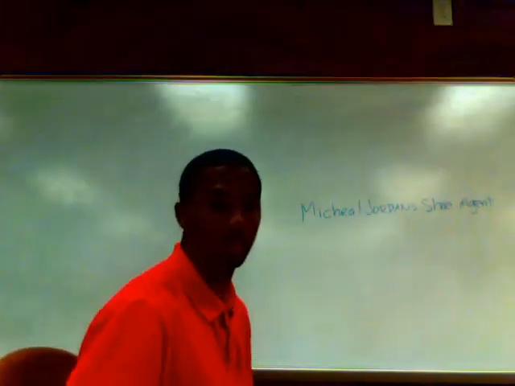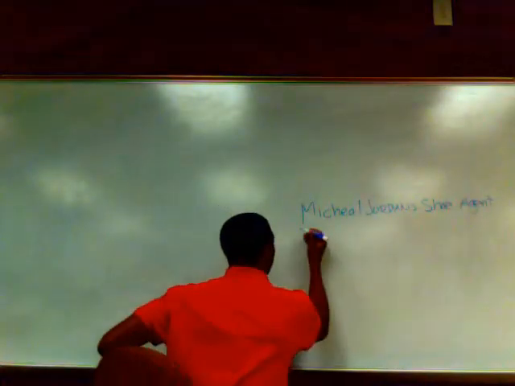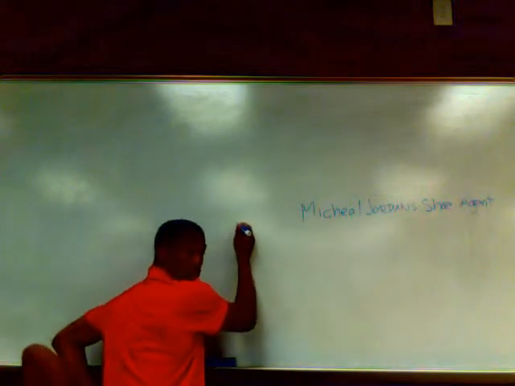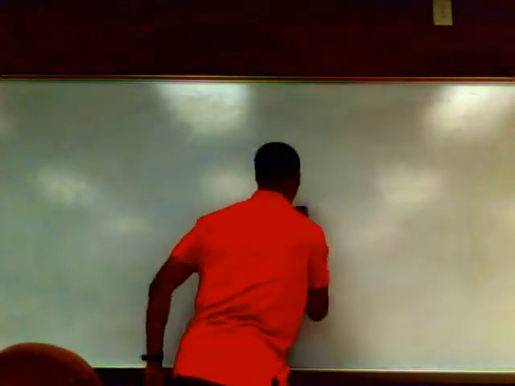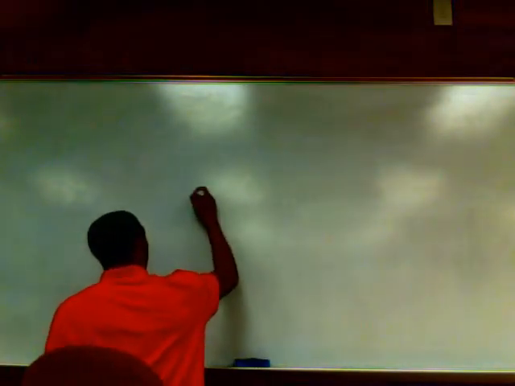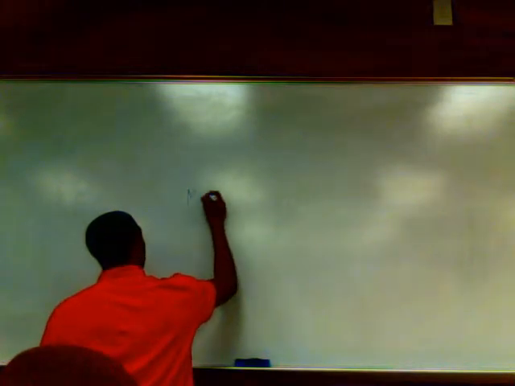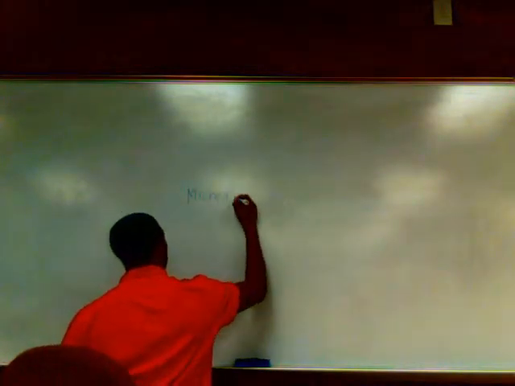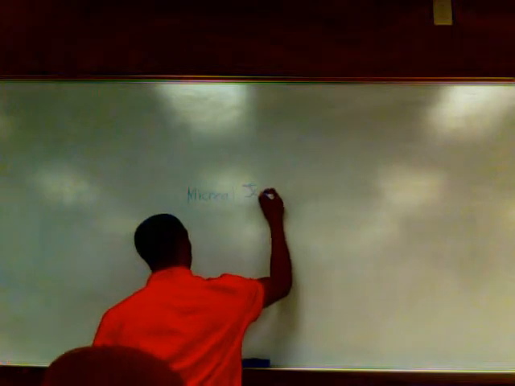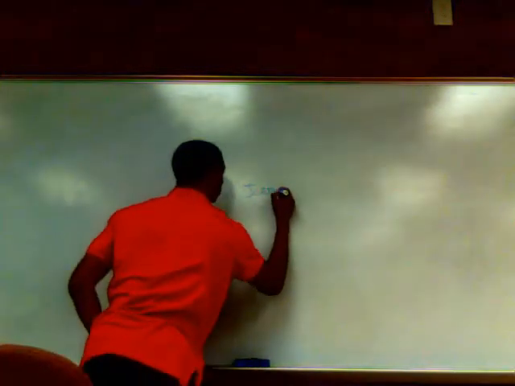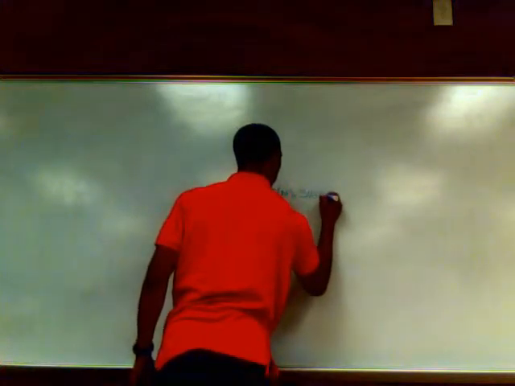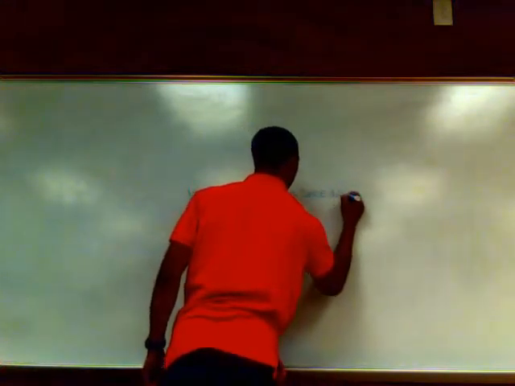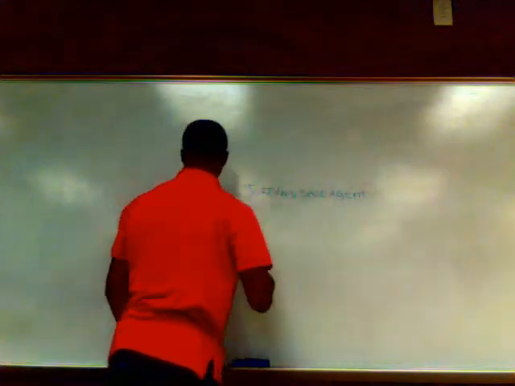Okay, right there. So Michael Jordan's shoe agent. I have all this room over here, so I'll write it over here. Okay, let's say Michael Jordan's shoe agent, J. Cole.